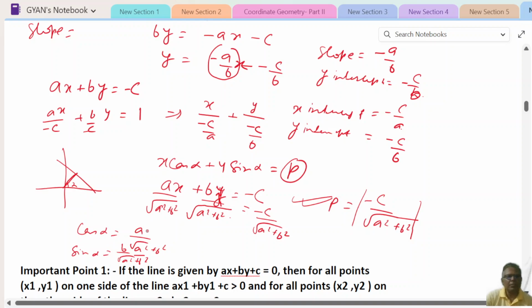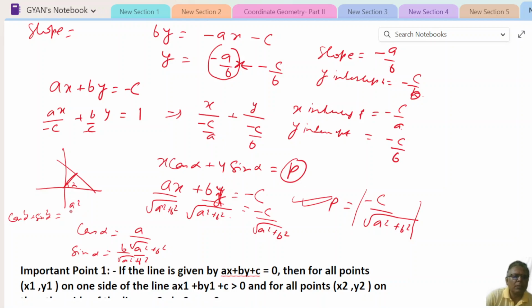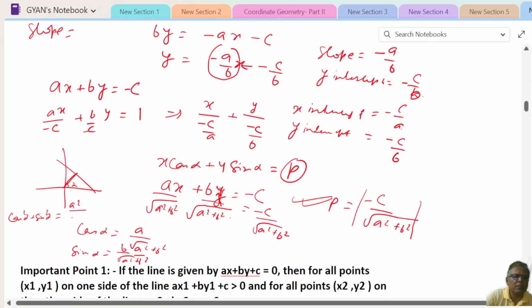Because when you square it, suppose cos square alpha plus sin square alpha, then it is a square plus b square over a square plus b square, and it will become 1. So it is satisfying cos alpha and sin alpha. So this will give you the p. P is the normal distance to the straight line from the origin.